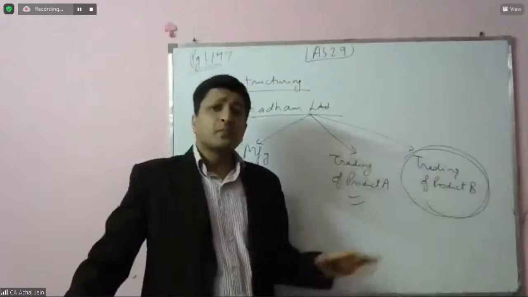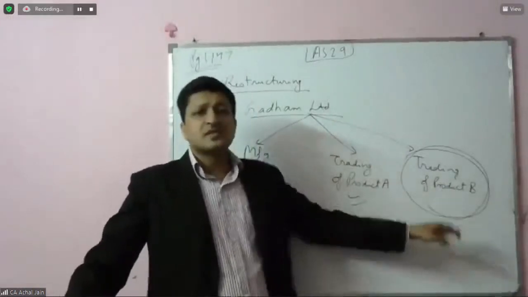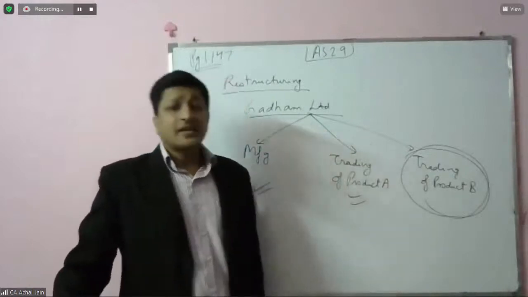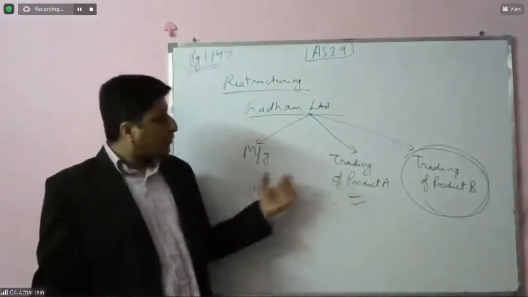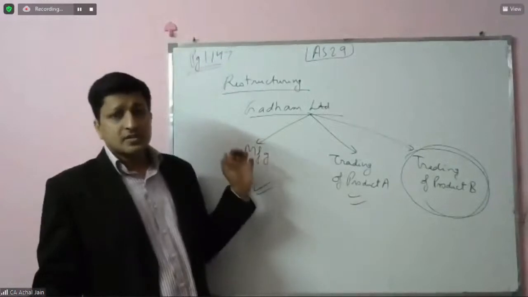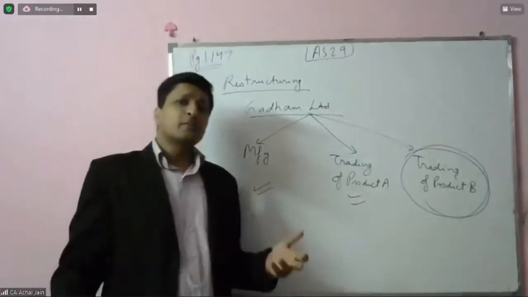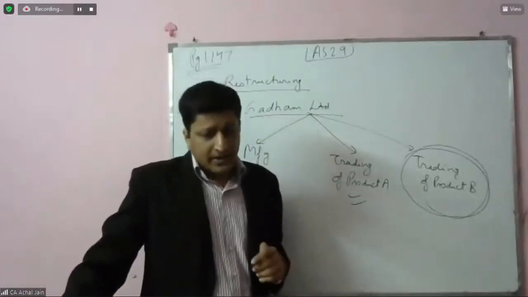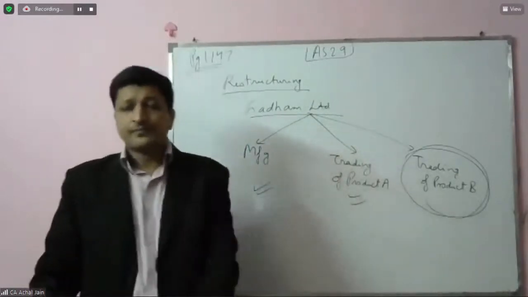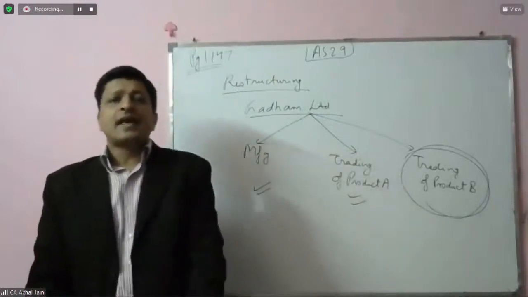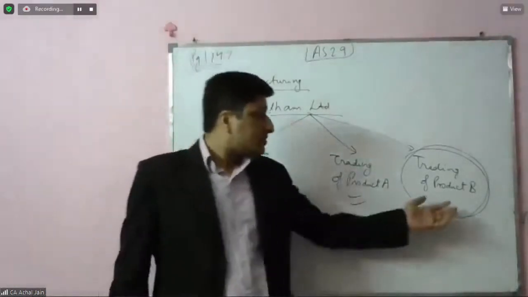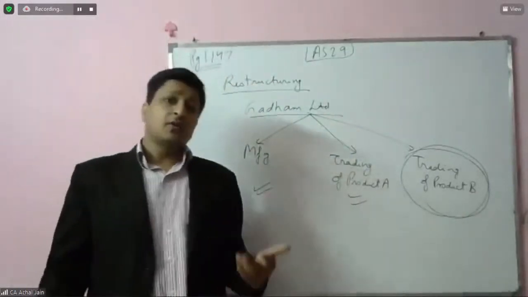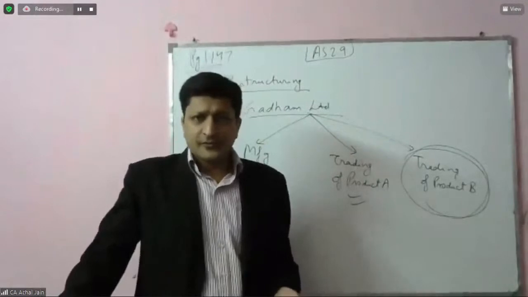There must be some employees associated with this business line, and something will have to be done with them. Maybe we can move all of those employees to these two lines of business, or some of the employees can continue and some may have to move out. Correct? Third, certain assets and liabilities may be attached to this line of business, which may no longer be required. So they may also have to be disposed of.